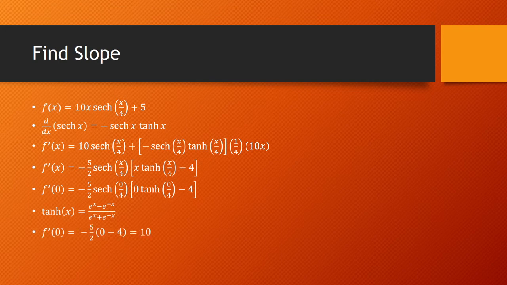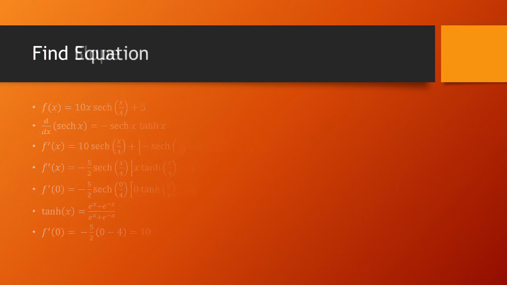And now if I were to plug in 0 into that, I would just get 0. Okay. So turns out that the derivative is negative 5/2 times 1 from the hyperbolic secant, and then multiply that by 0 times 0, and then minus 4. So simplifying it, we get 10. Okay, so the slope is 10.